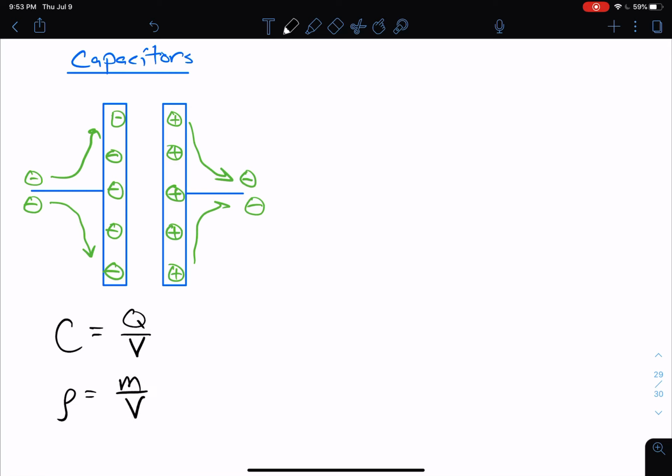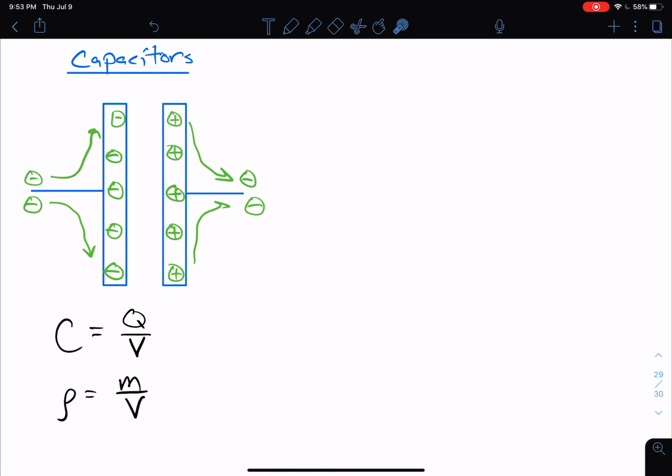We said that density is the mass divided by the volume. And if you recall, when we talked about density, we said this is how you define density, but it's important to realize that the mass and the volume do not determine the density. The density is determined by the composition of the object, what it's made of.